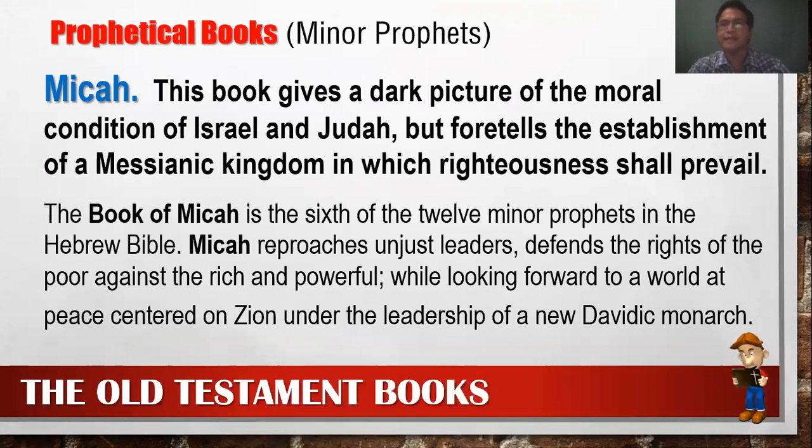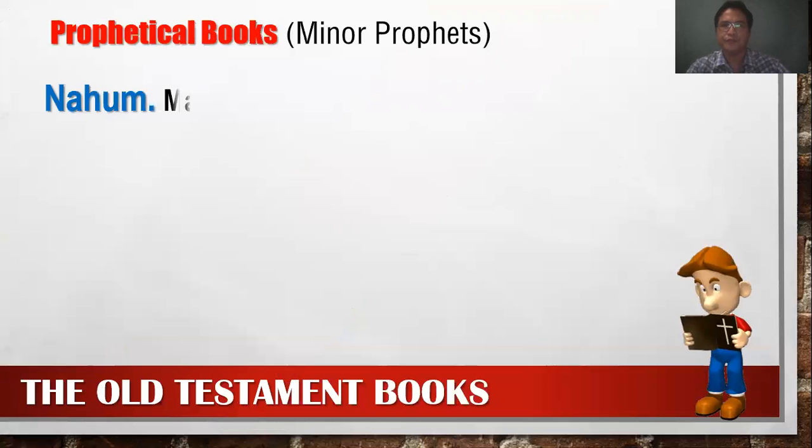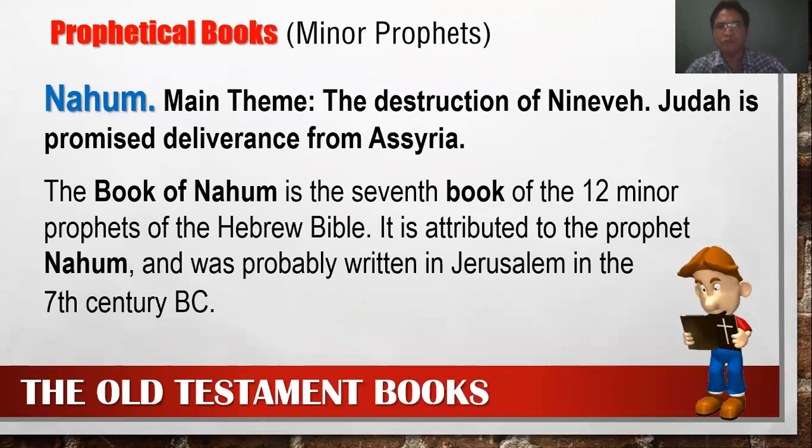The book of Micah. This book gives a dark picture of the moral condition of Israel and Judah, but foretells the establishment of a messianic kingdom in which righteousness shall prevail. The book of Nahum. The main theme of this book is the destruction of Nineveh.